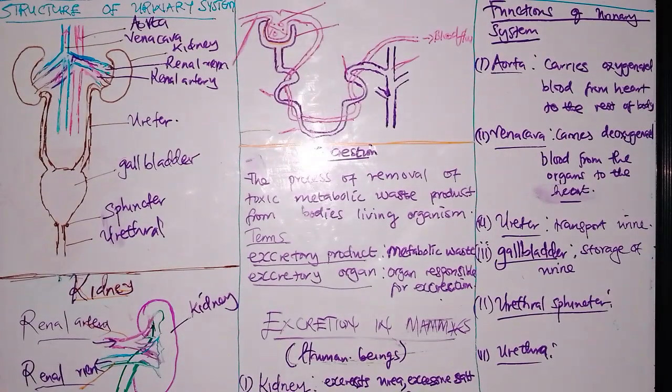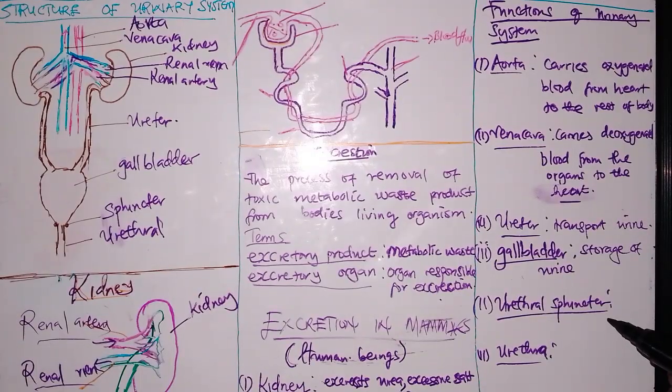But whenever you go somewhere private, this urethral sphincter basically opens so that you can now urinate. So in short, this urethral sphincter acts as a door which allows urine to pass or not. Yeah. So that's what you need to understand about the urethral sphincter.